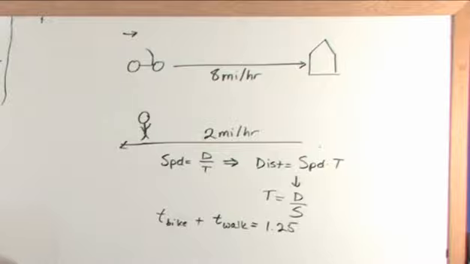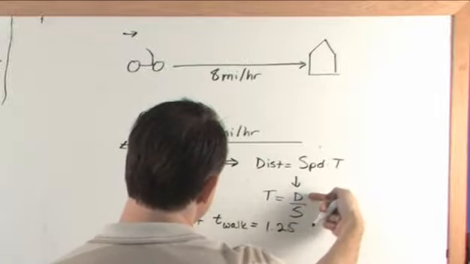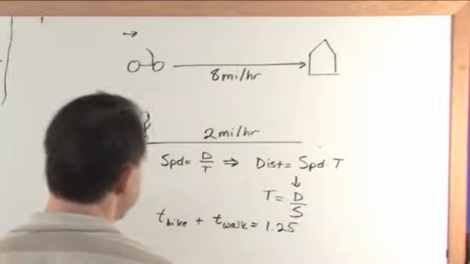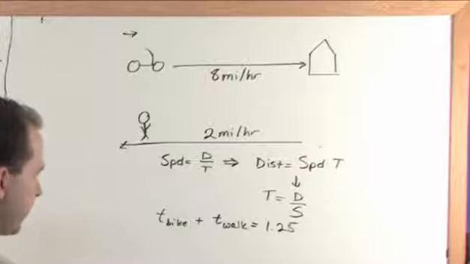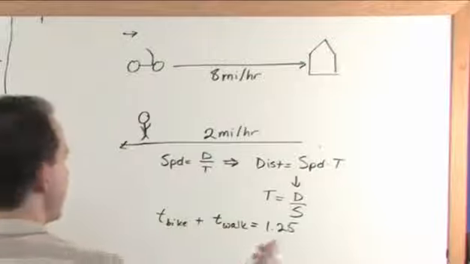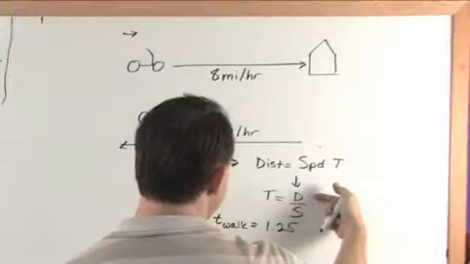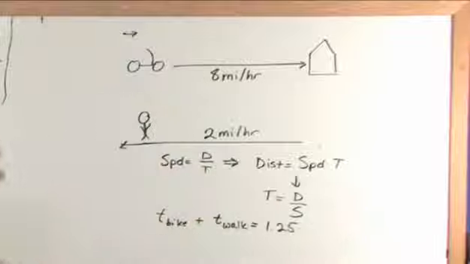So, I've already shown you that the time is equal to the distance divided by the speed. If I'm on my bike for 37 miles and going at 3 miles an hour and I divide them, that will tell you how long it takes me to do that.